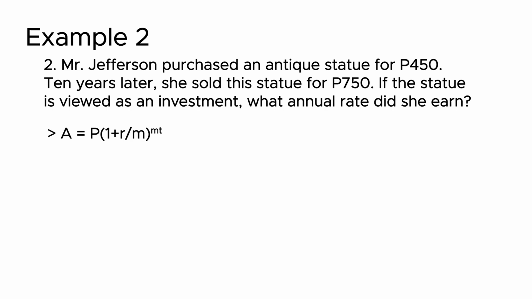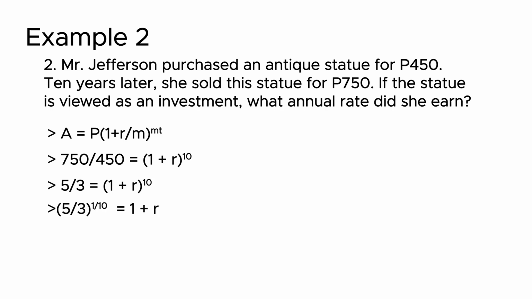Divide both sides by 450. 750 divided by 450 is equal to (1 plus R) to the power 10. Simplifying the left-hand side, we need to be careful about rounding, so we will keep the fraction for now. 5 over 3 is equal to (1 plus R) to the power 10.